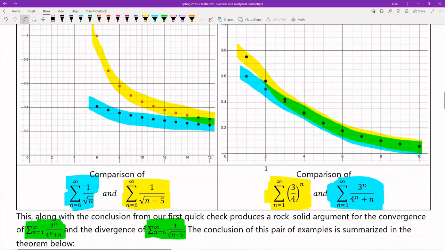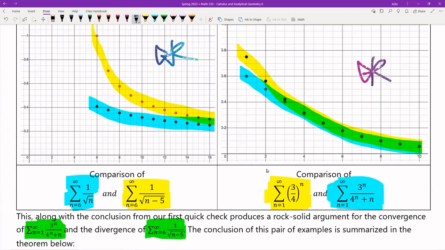There we go. For example, in this one, the bigger series converges. Hopefully the process you used to prove that one is that it's a geometric series, and a geometric series is a convergent one. So since the bigger series converges, the smaller one has to converge as well. For this one, we have a smaller series, 1 divided by root n.